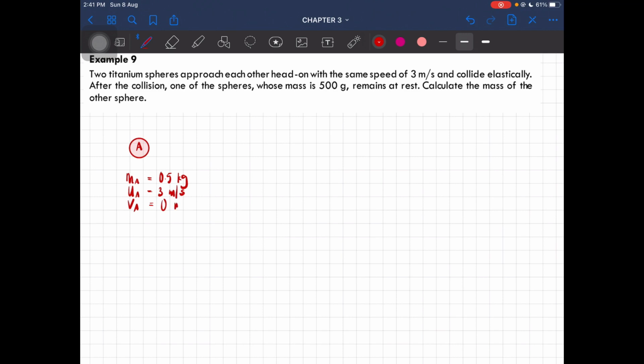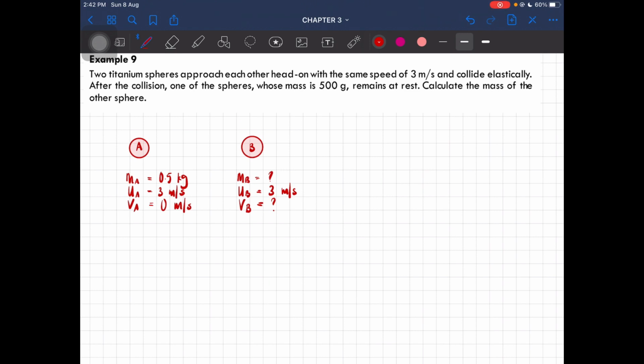Okay, and then we have the second ball, B. This one is unknown, and the initial velocity we know, which is 3 meters per second, and the final velocity for the second sphere, B, is unknown as well.